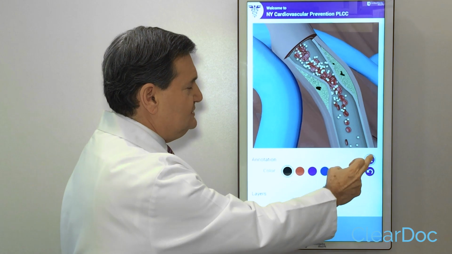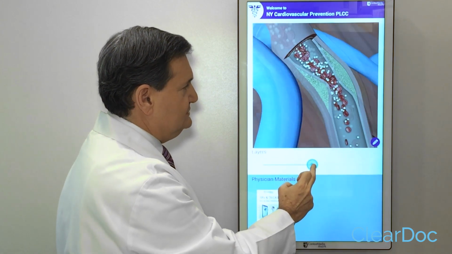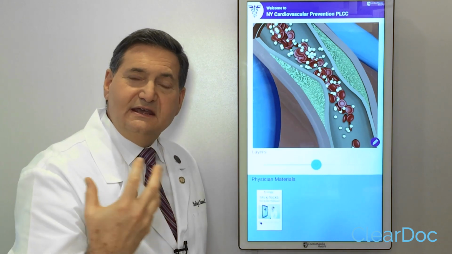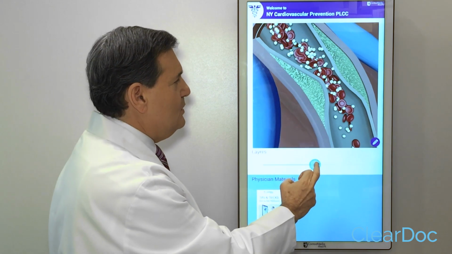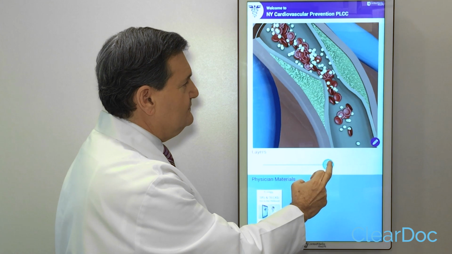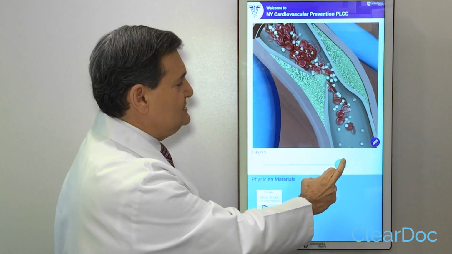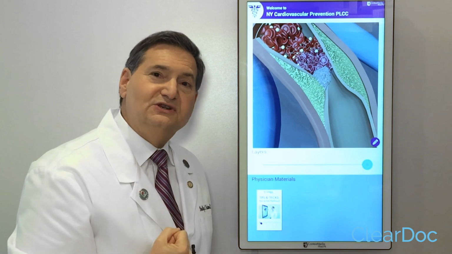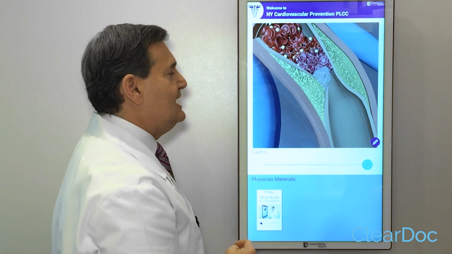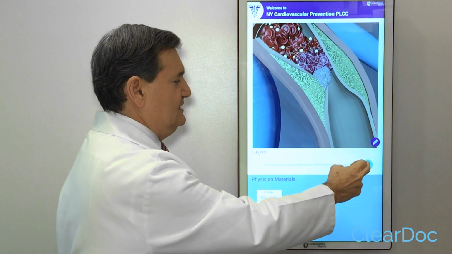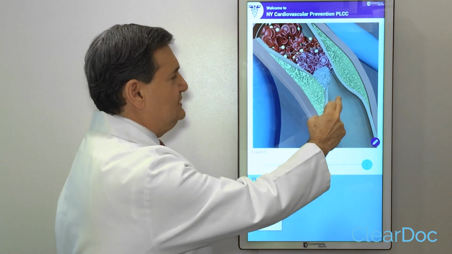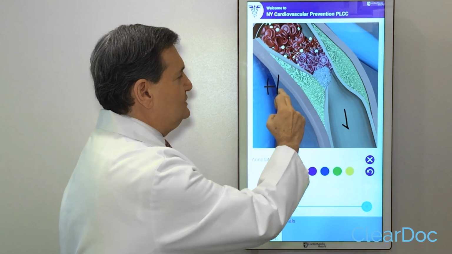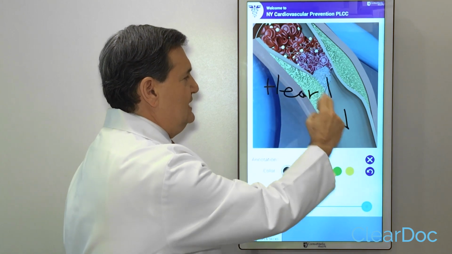What happens when a heart attack occurs is the cholesterol inside of the artery will break through due to inflammation, and that cholesterol, when exposed to the bloodstream, will cause a blood clot. This is a heart attack. There's no flow down here whatsoever, and this is what causes a heart attack.